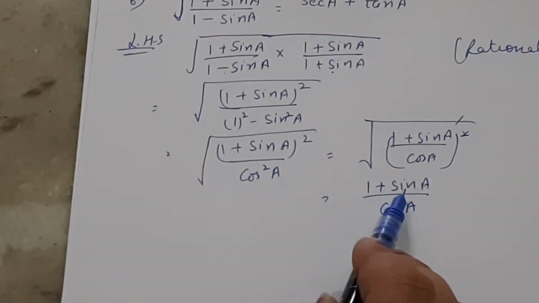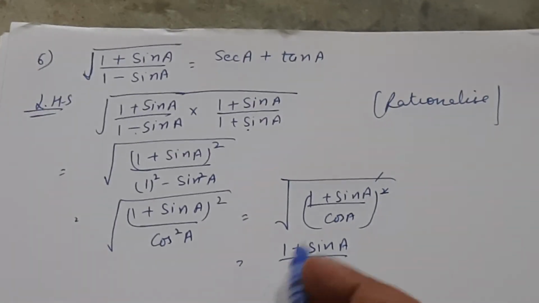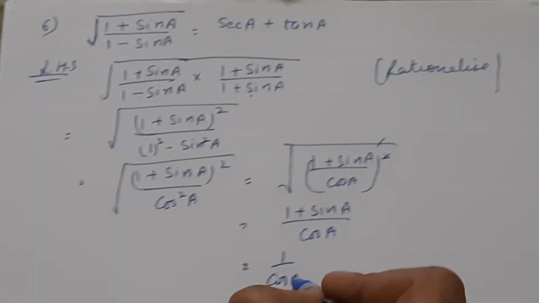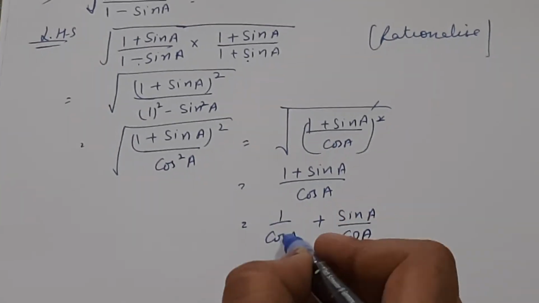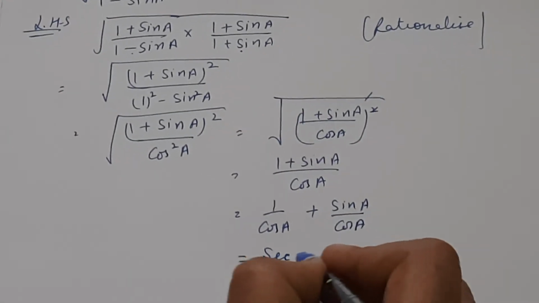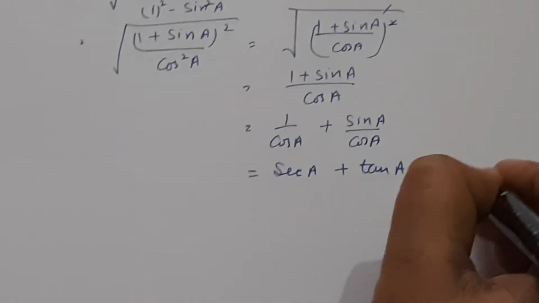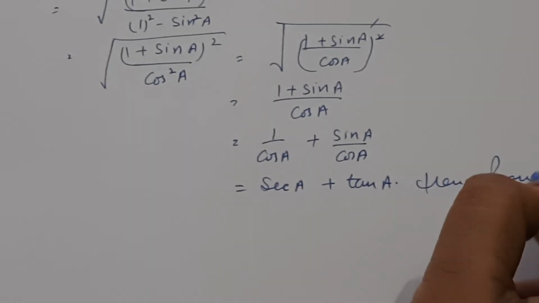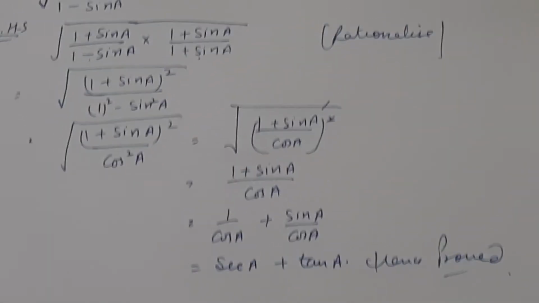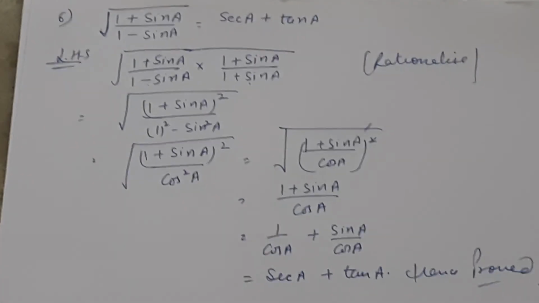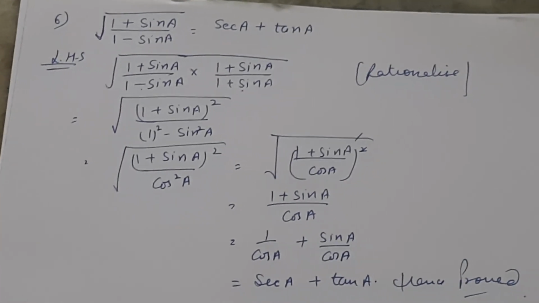You can see the numerator is in two terms, but the denominator is a single term, so we can write it separately. The reciprocal of cos is secant a, and sin over cos is tan a. So hence proved. By using the different identities, we can easily prove the given statements.